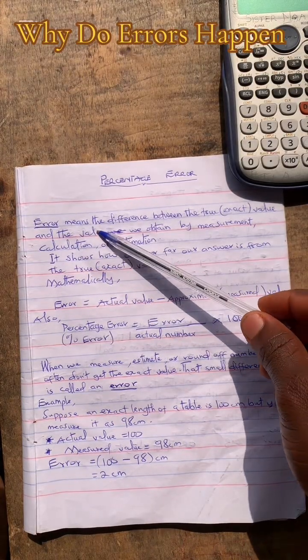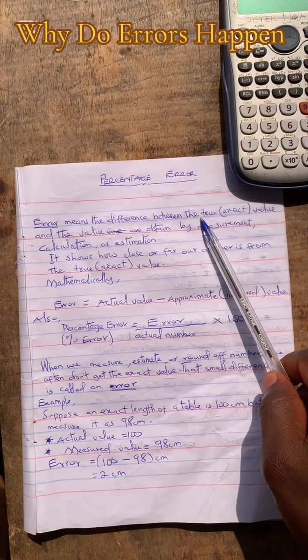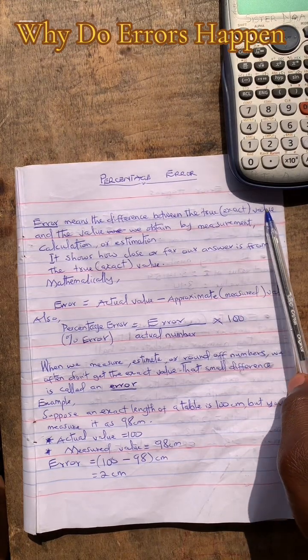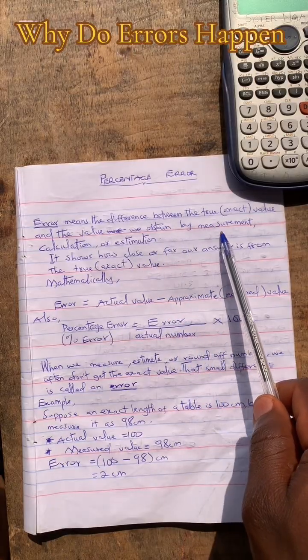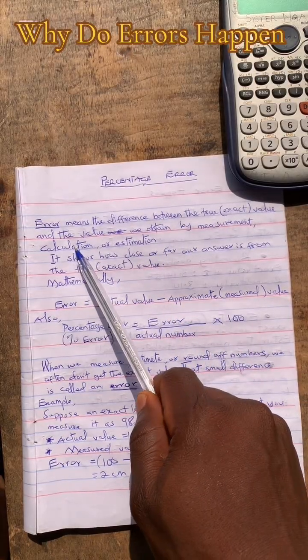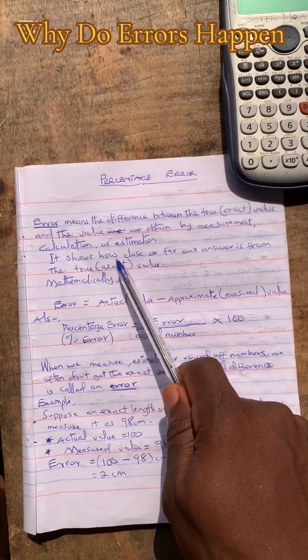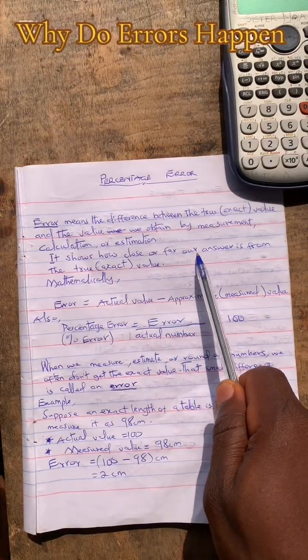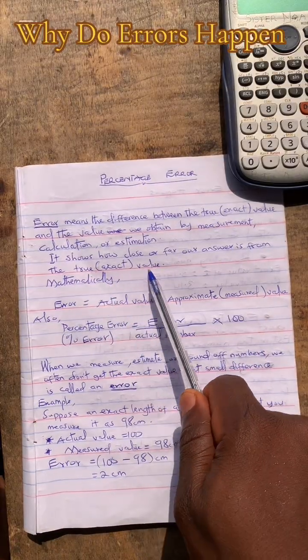Error means the difference between the true or exact value and the value we obtain by measurement, calculation, or estimation. It shows how close or far our answer is from the true or exact value.